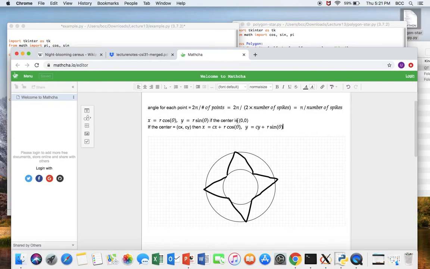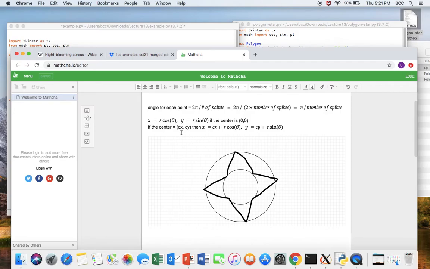And this is true if the center is 0, 0, if the center is the origin. If the center is somewhere else, then you have to shift the entire picture somewhere else. Shifting happens by adding to the x coordinate and y coordinate the appropriate amount.